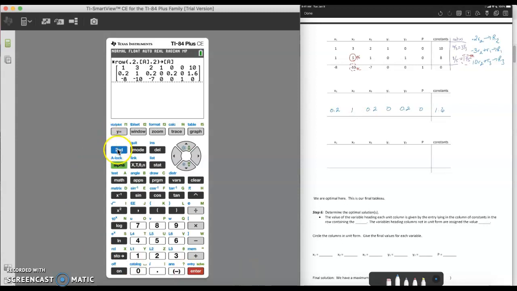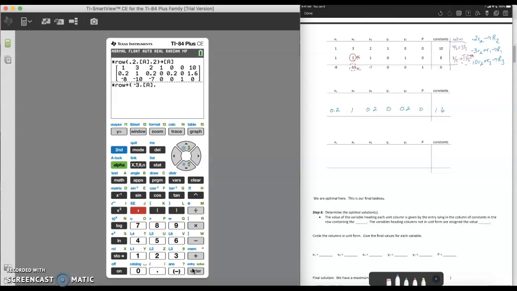Okay, now I'm going to go back, second matrix, math. This time we need to do a times row plus. We're multiplying by -3. Make sure you use the little negative, not the minus. It will yell at you for that. Do this to matrix A. And we are doing this to row 1. Ooh, sorry, I need to fix this. We're doing this to row 2 in order to change row 1.